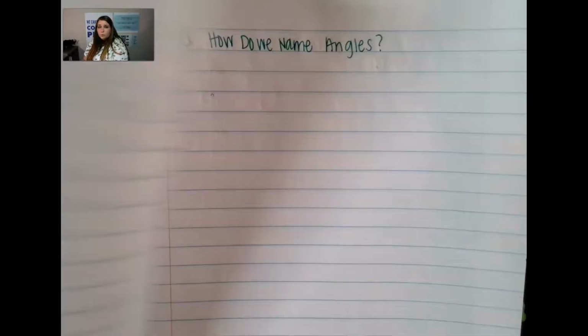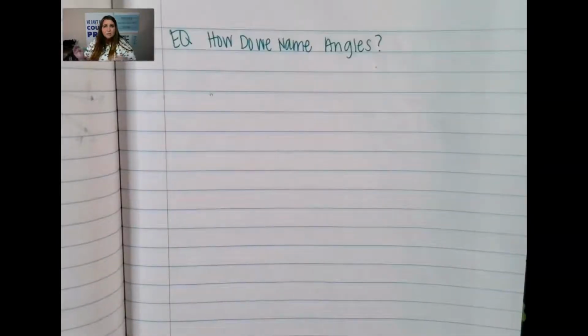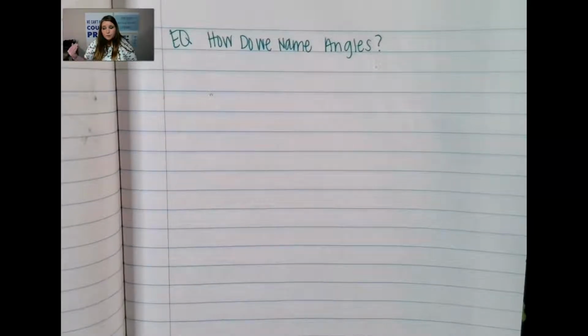Well, we're going to take a step back so that we can use what we did in our last chapter to move forward. So first we're moving into geometry. And within geometry, you are going to have to solve for unknown angles.